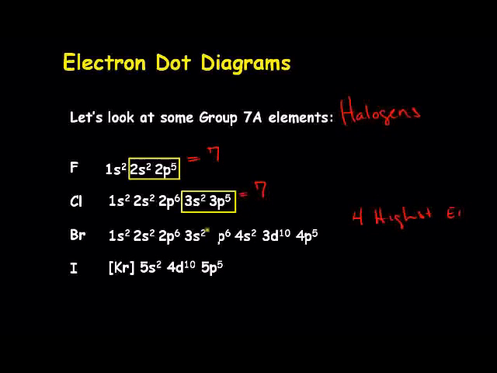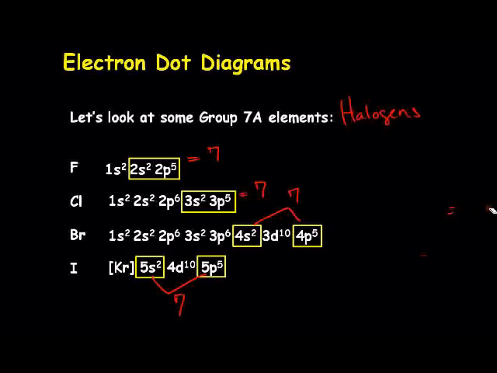That's made up of both the 4s and the 4p. Even though they're separated by the 3d, we still have 7 valence electrons. Just like we'll see in iodine, even though the 5th energy level is separated by the 4d, we still have the 5s2, the 5p5, still having 7 valence electrons. So if we were to do electron dot diagrams, we would take any of our halogens and draw 7 dots around them.